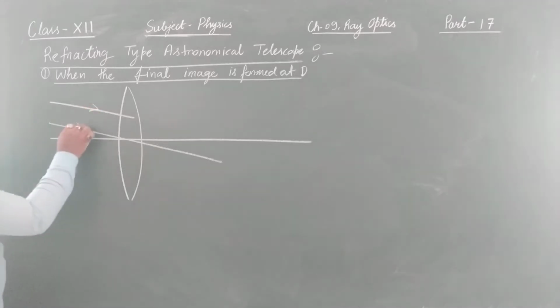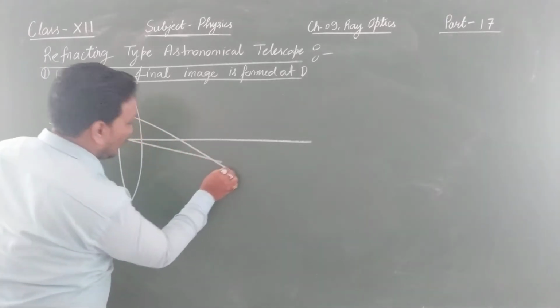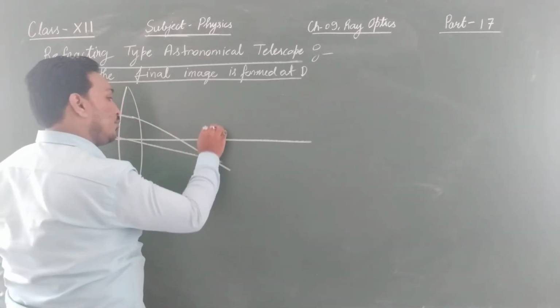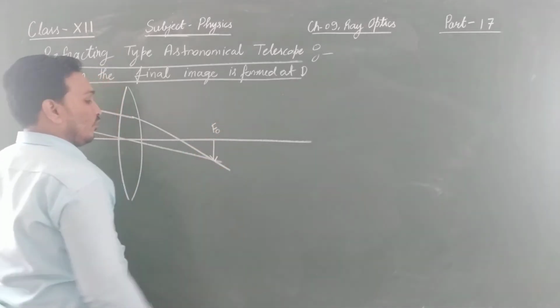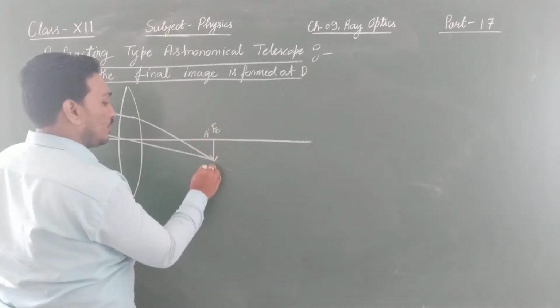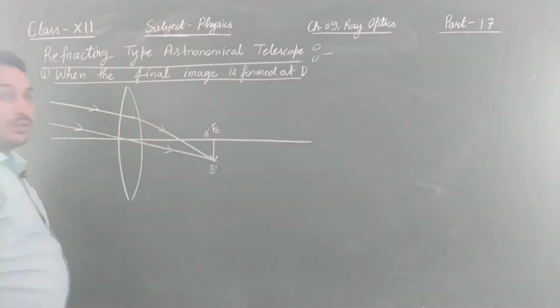So the ray will come like this, and obviously when the object is at infinity, the image has to be formed on the focus of the objective. So this is the first image, which is A dash B dash. It has to be on the focus of the objective.